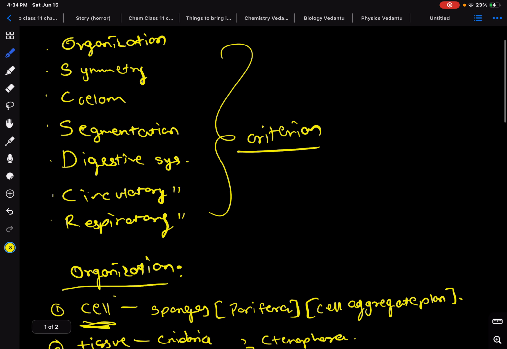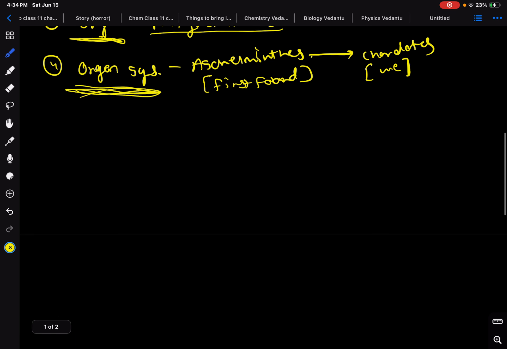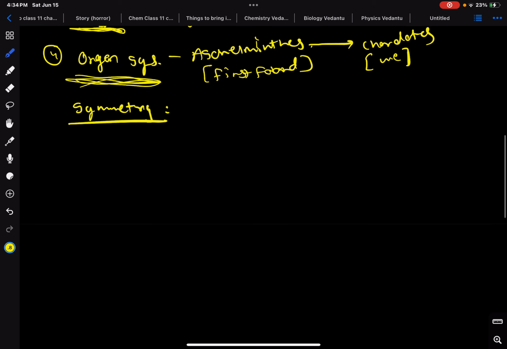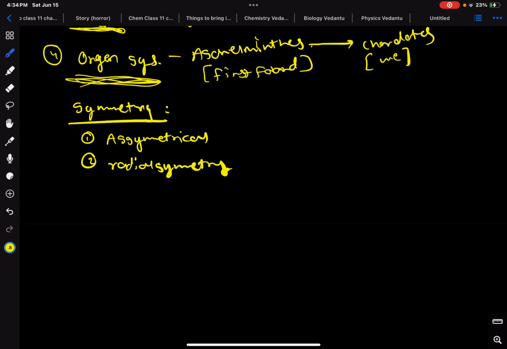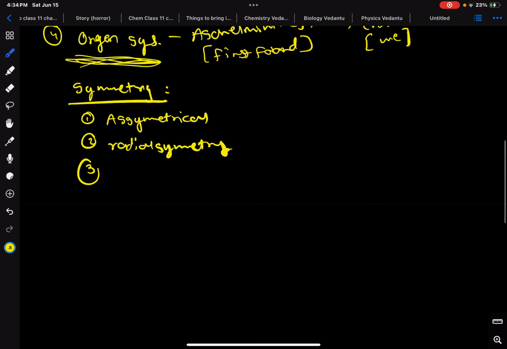Next up we have symmetry, a really easy concept. In symmetry there are 3 types. There is asymmetrical, there is radial symmetry, then we have the third one, which is bilateral symmetry.